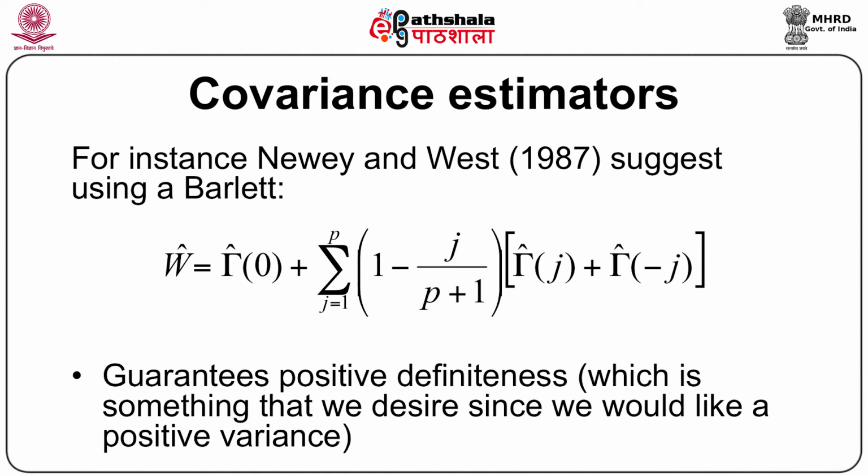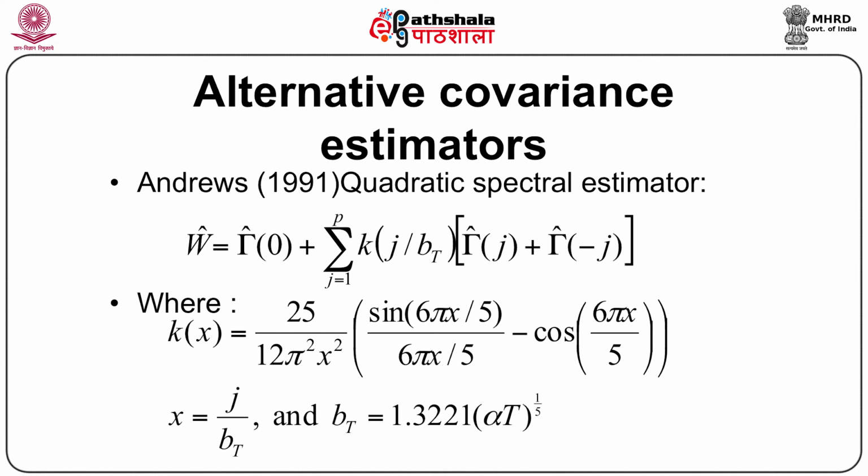This expression of W hat guarantees positive definiteness, which is something that we desire since we want a positive variance. So, under the Newey and West condition, you can ensure the positive definiteness of this weighing matrix W.